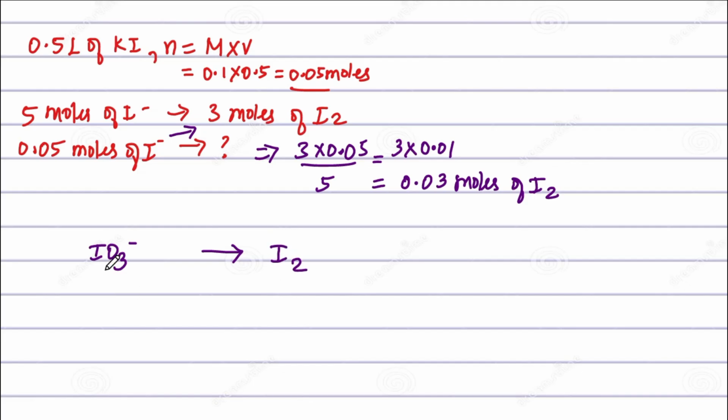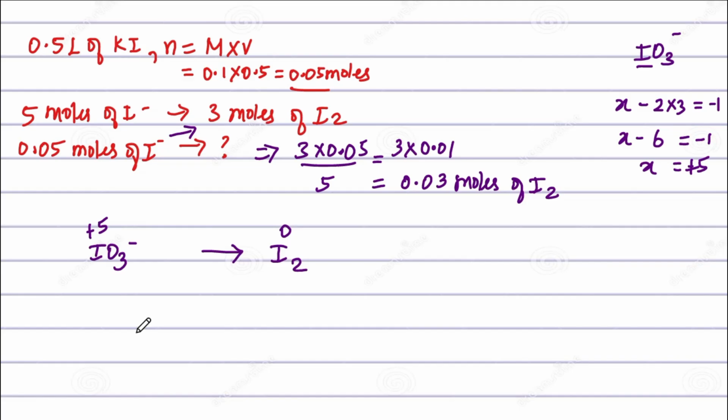Find the oxidation number for iodine. For IO3 minus, let iodine be X. X minus 2 into 3 equals minus 1 because the charge is minus 1. So X minus 6 equals minus 1, X equals plus 5. The oxidation state of iodine here is plus 5 and in the elemental form it is 0.